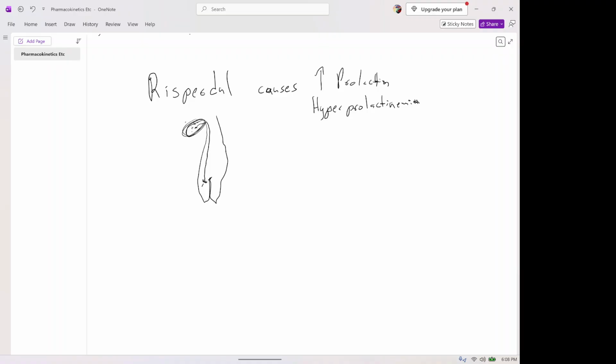And this leads to all sorts of sex hormone production. You could review those at your leisure.